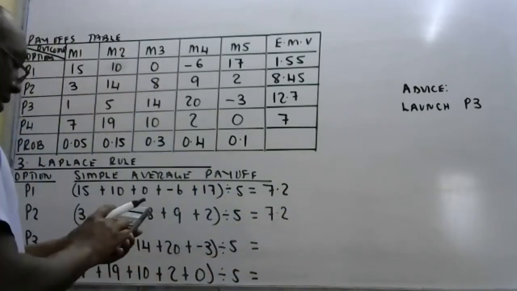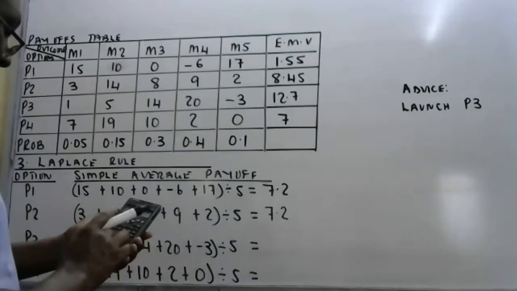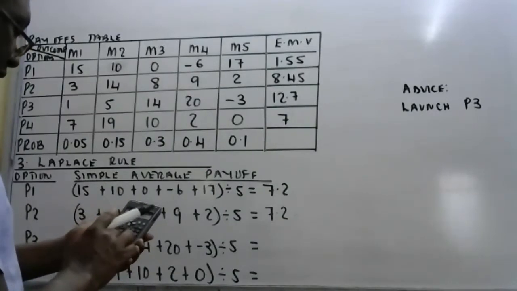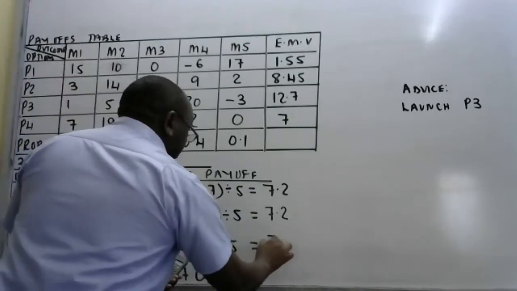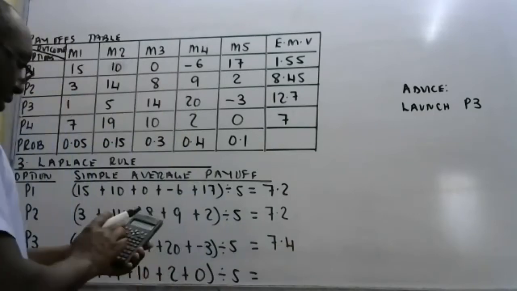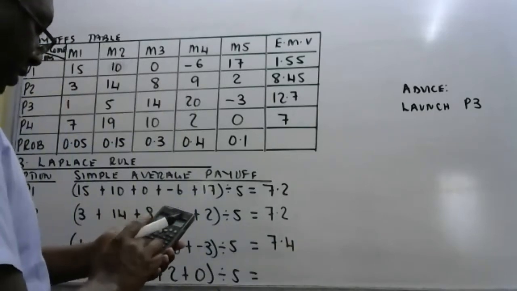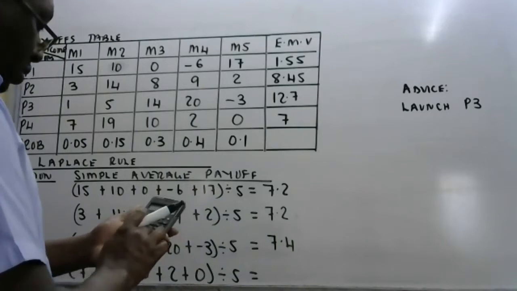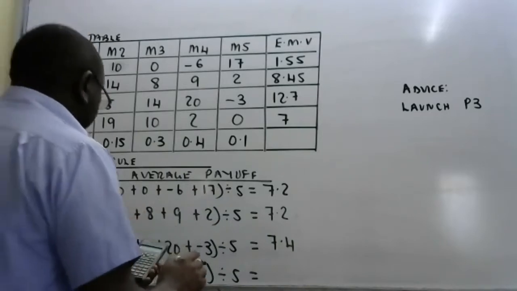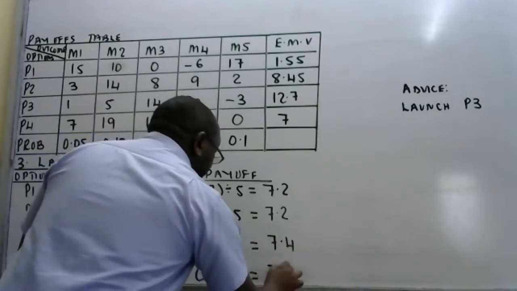Again, I have 1 plus 5 plus 14 plus 20 minus 3. Divide by 5 is 7.4. Then 7 plus 19 plus 10 plus 2 divided by 5 is 7.6.